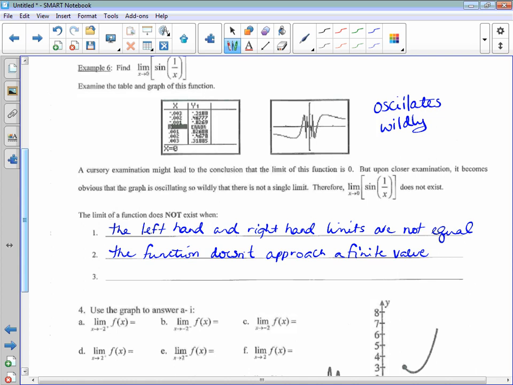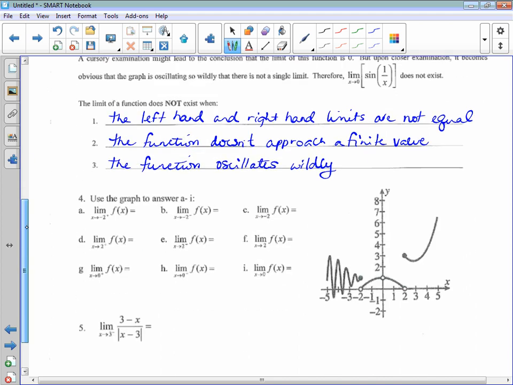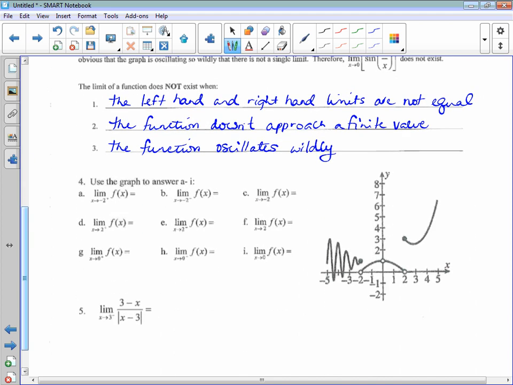And the third is the function oscillates wildly. Okay.